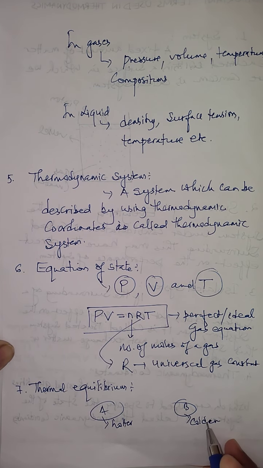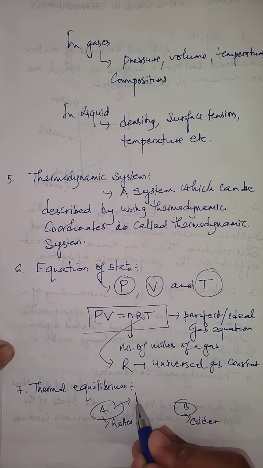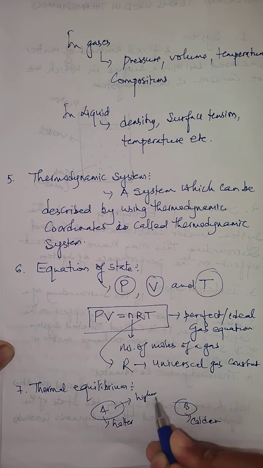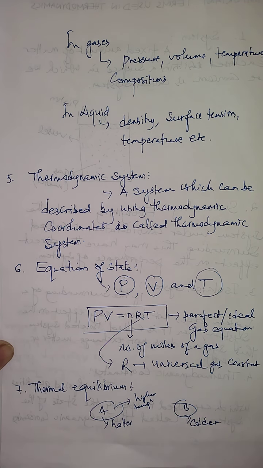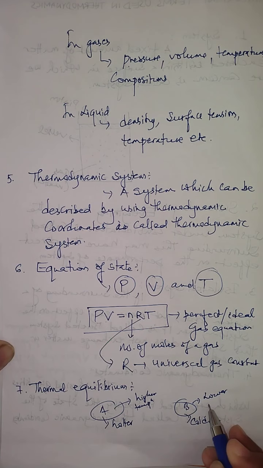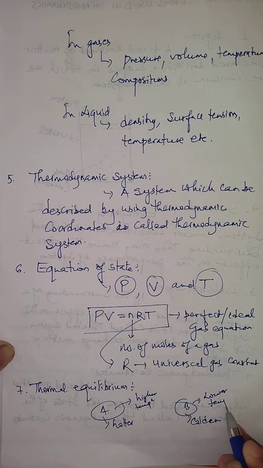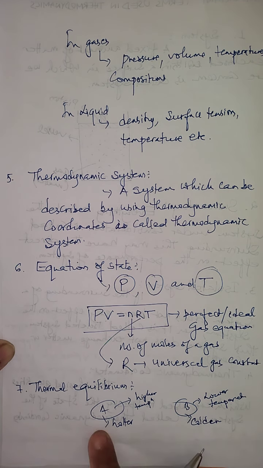Now we understand that body A, which is hotter, is at higher temperature, and the body which we feel colder is at lower temperature.